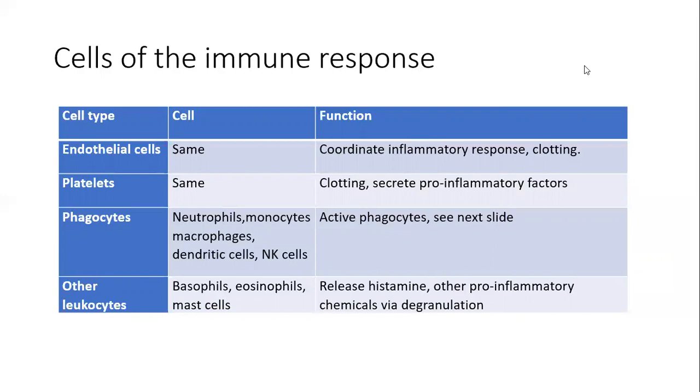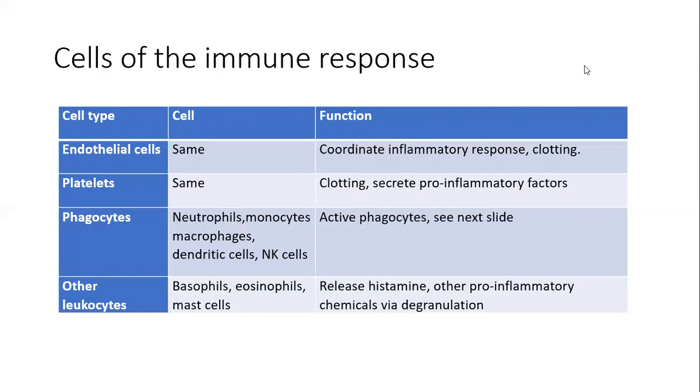The main players in the phagocyte category are neutrophils, monocytes, macrophages, dendritic cells, and natural killer cells. And so they're active phagocytes. And the endothelial cells play a big role in the inflammatory response and clotting, as we've kind of discussed. They're the ones that play a role in triggering some of these protein systems that we were looking at earlier.